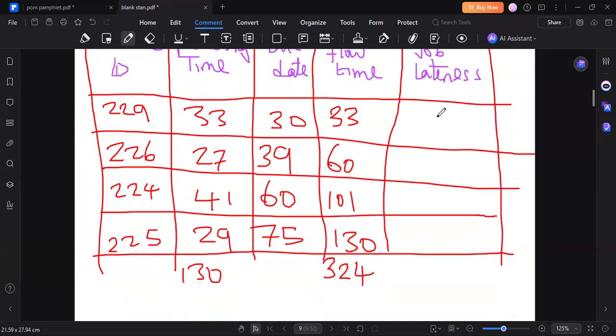Then for the first one, we are late by 3. 60 minus 39, we are late by 21, we are late by 41. 130 minus 75, we are late by 55. 3 plus 21 plus 41 plus 55, 120.